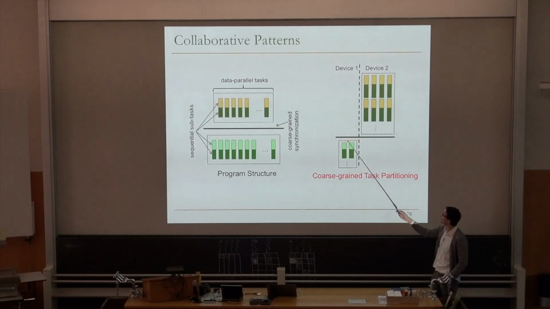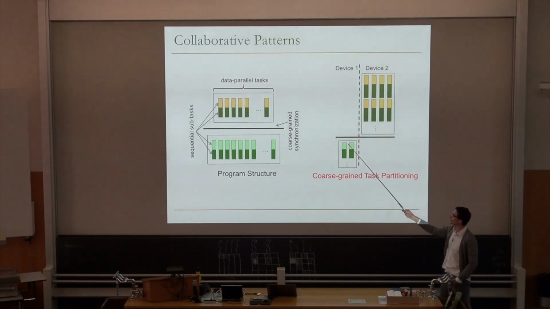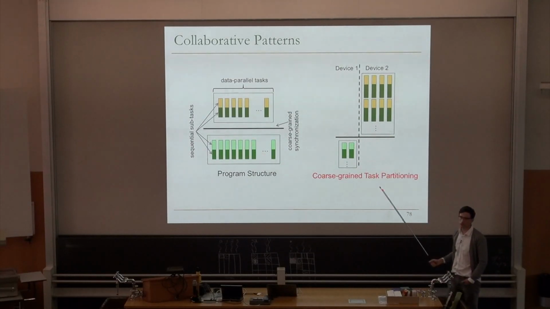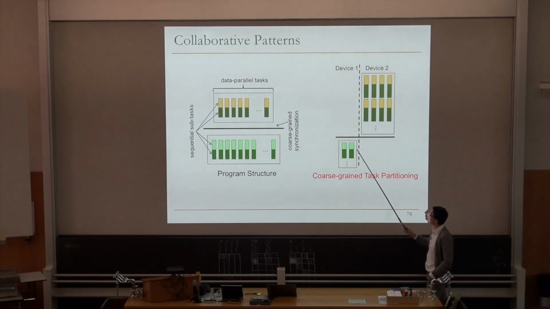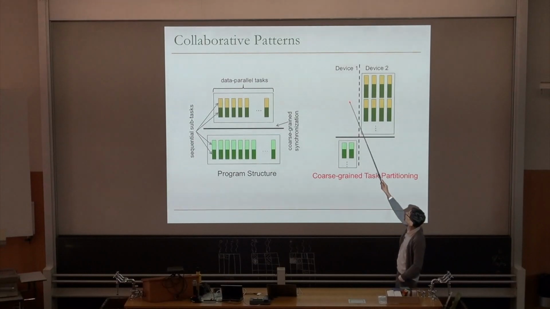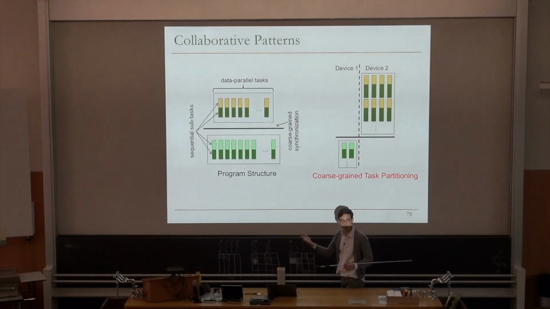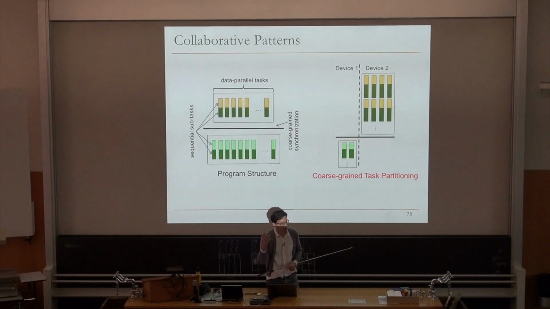But observe that even though we are still partitioning the computation in a coarse-grain manner, and we have this bulk synchronization in the middle, it's possible to have concurrent execution in device 1 and device 2, because device 1 could be operating with this kernel on a previous part of the data, let's say previous frames in video processing.